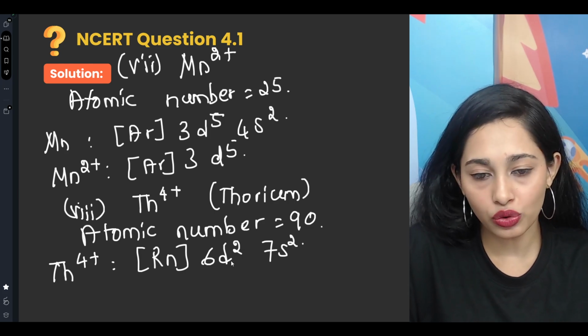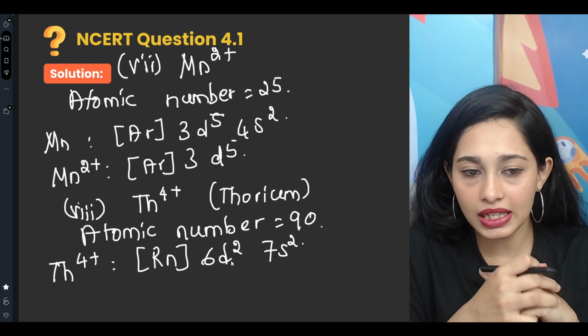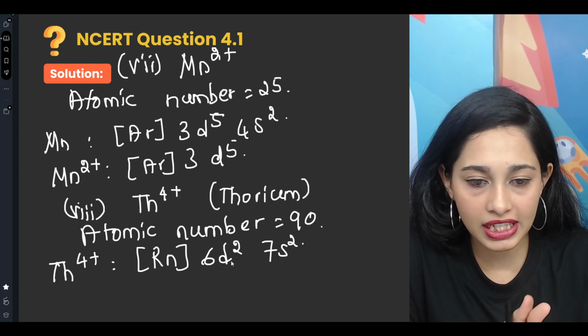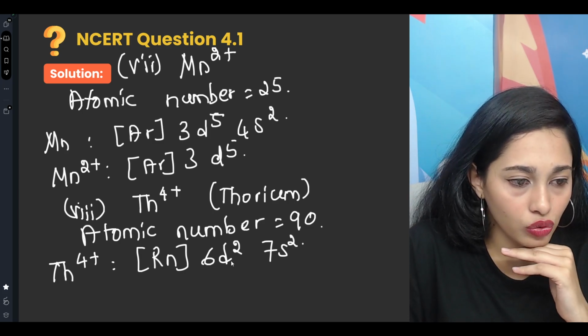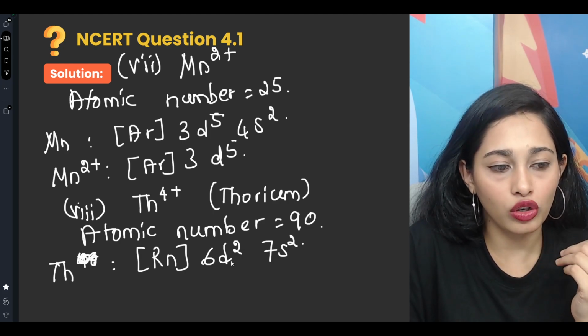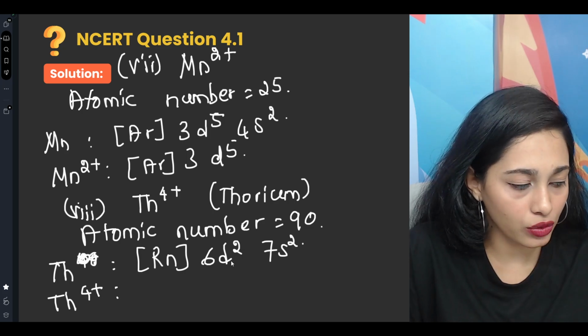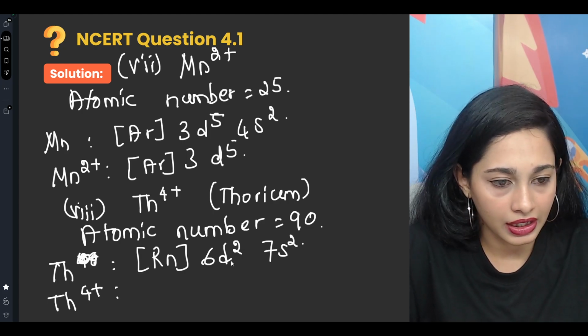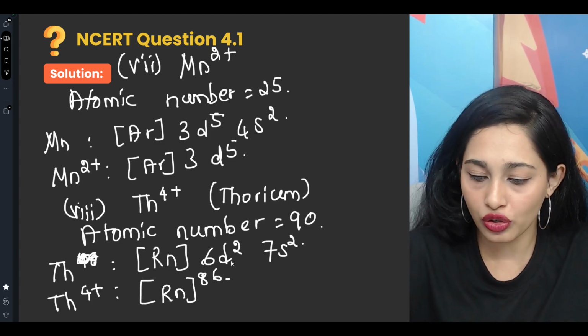Radon's atomic number is 86. So 86 plus 4 is 90. So thorium 4 plus is going to be radon, 86. This is the electronic configuration.